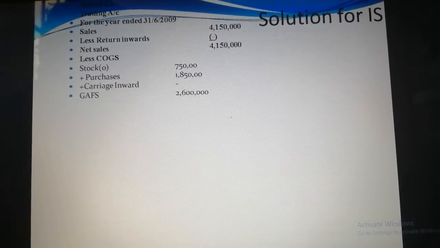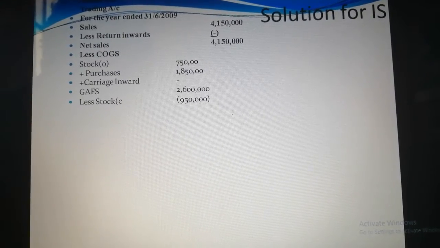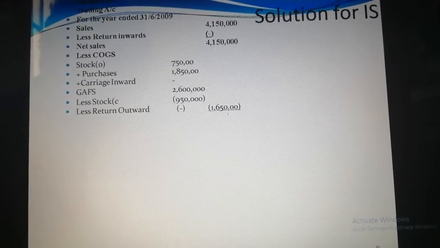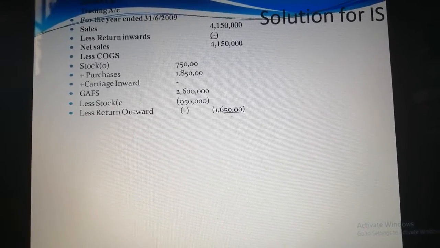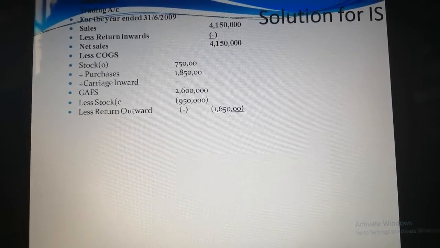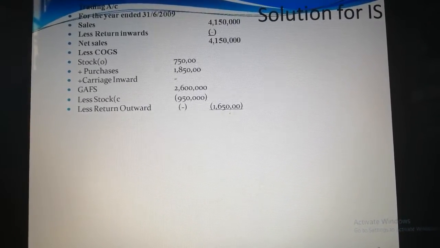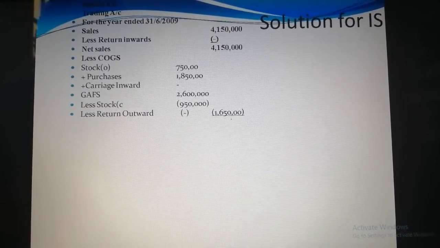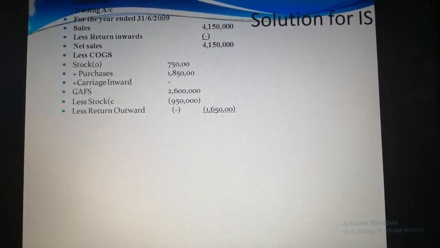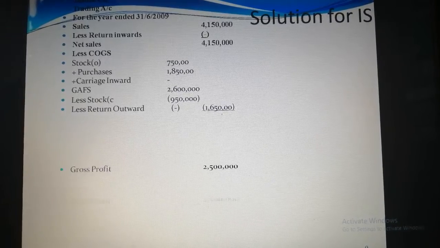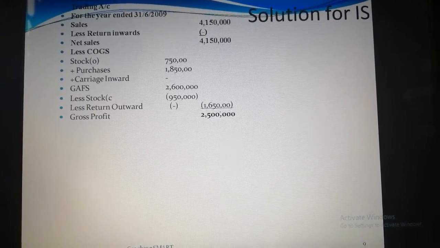Goods available for sale is 2,600,000, less stock, which is 950,000, less return outwards, which is not there. So our cost of goods sold is 1,650,000. So net sales, 4,150,000, less cost of goods sold, 1,650,000, you get gross profit, which is 2,500,000.